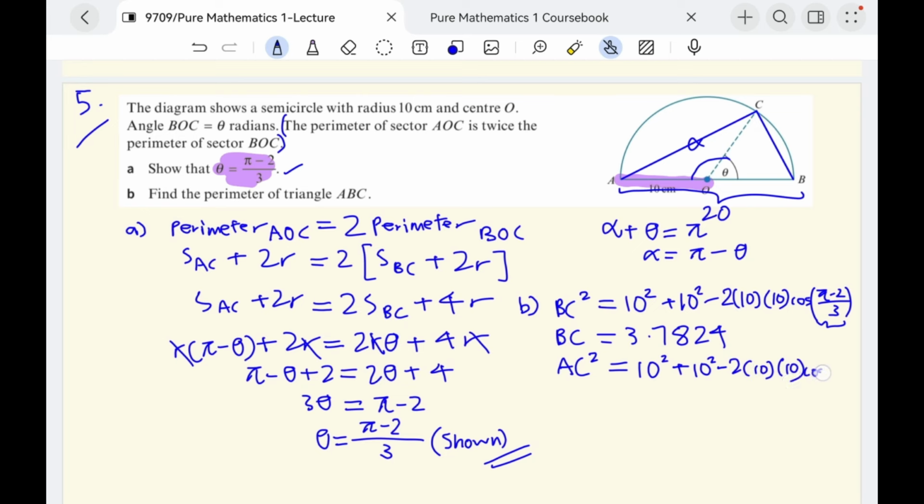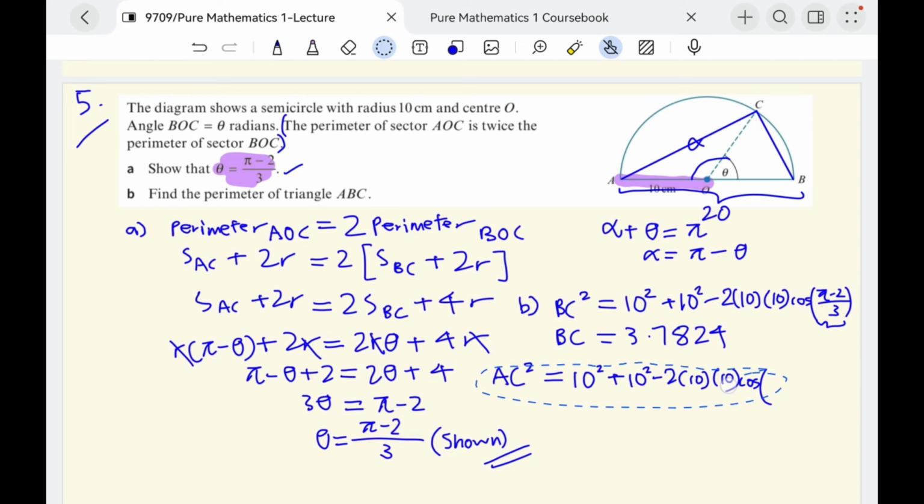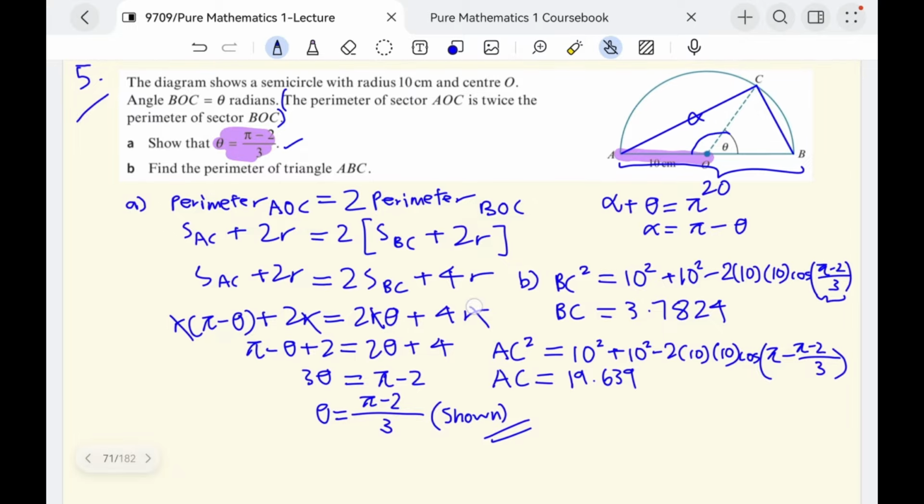Just use the cosine rule, with your angle being different, pi minus the theta, to look for your AC. Over here, your AC is 90.639 in five significant figures.